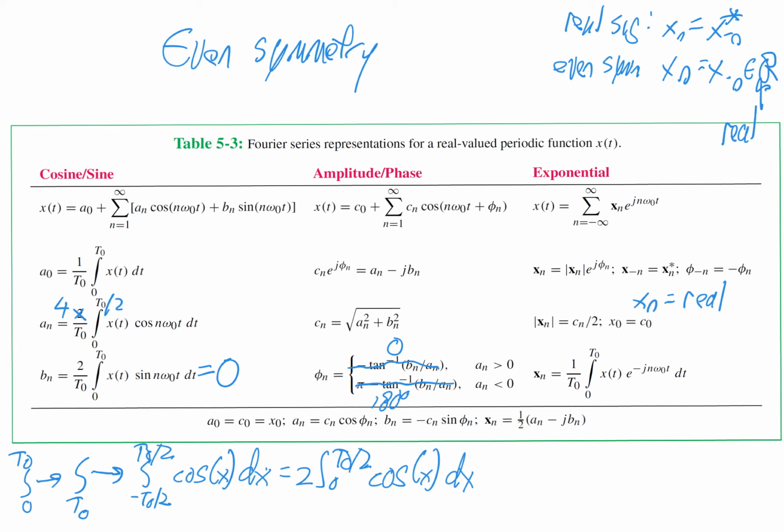So here we say the x of n is equal to x of minus n, and those are real numbers. So that is what happens for even input signals.